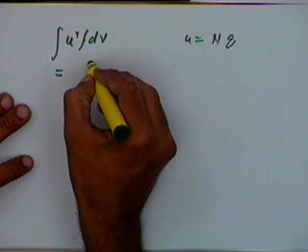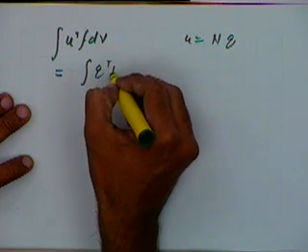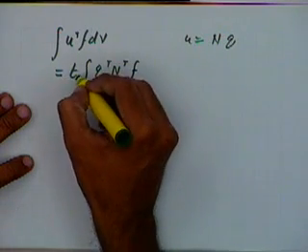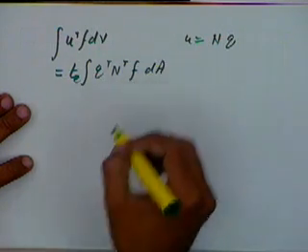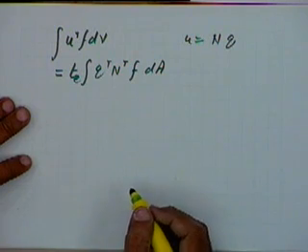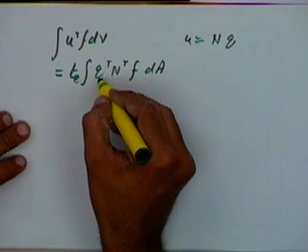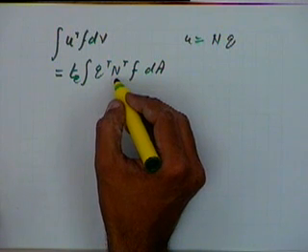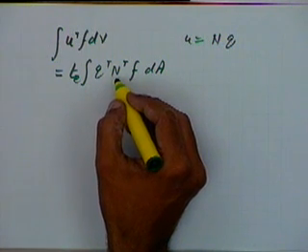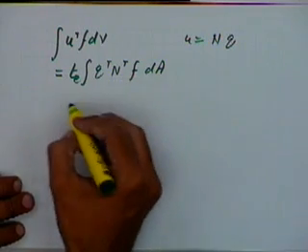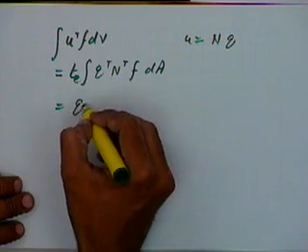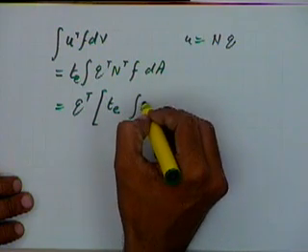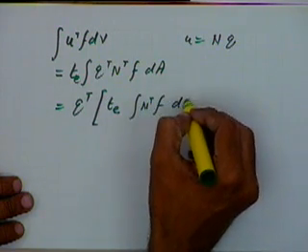So this will be equal to the integral of Q transpose N transpose F into the thickness into dA. Q transpose is of course a constant, but N transpose is not a constant, it has terms of zeta and eta in it. So this is equal to Q transpose into TE into the integral of N transpose F dA.